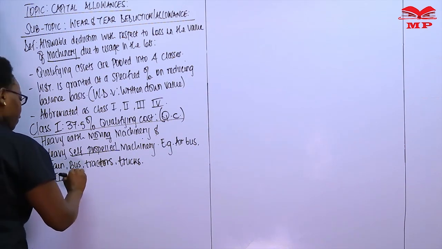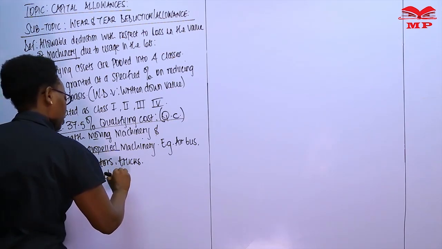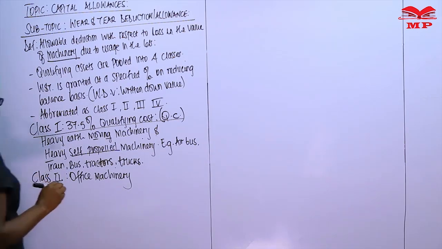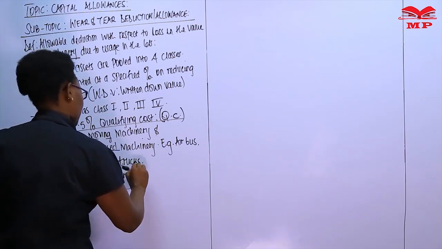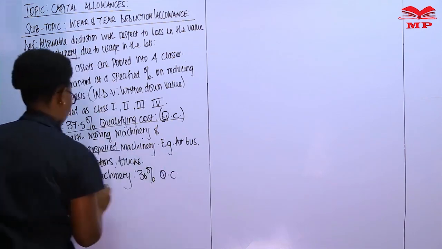Then class 2, this is for office machinery. So any kind of machinery that you'd normally find in an office will fall under class 2. And the rate is 30% of the qualifying cost.